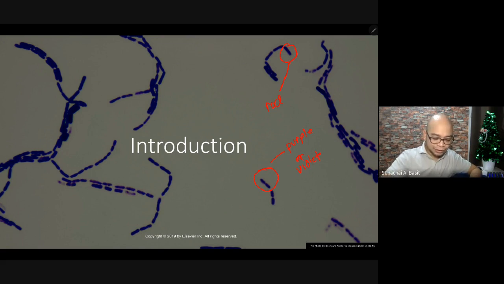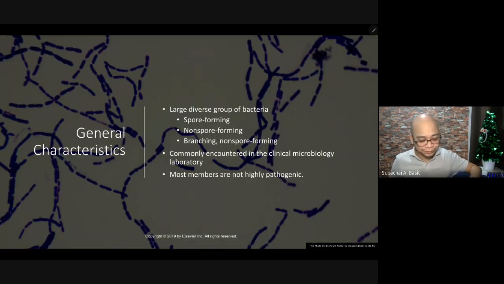This is an example of non-spore former. Some of them could be spore former, meaning they produce spores. And this is an example of non-branching, because there are some gram-positive bacilli that are actually branching. That's the reason why later on we will have several subcategories of this particular lecture.